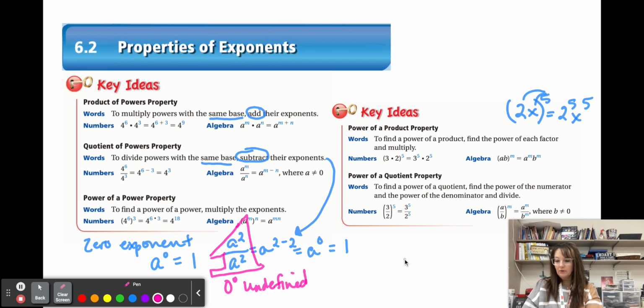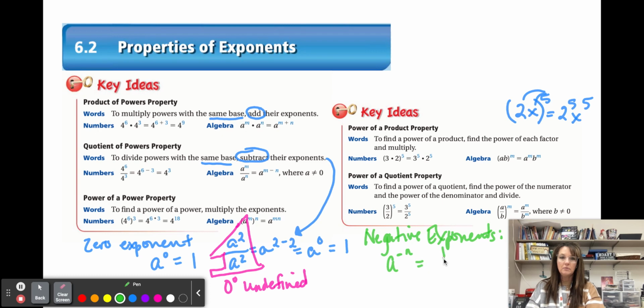Okay, moving on, we have another property, and that is the negative exponent property. So if you have a to the negative n, that is equal to 1 over a to the positive n.